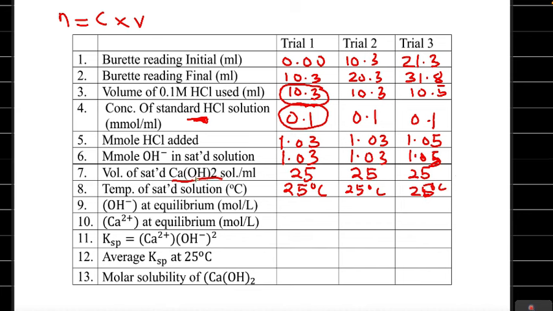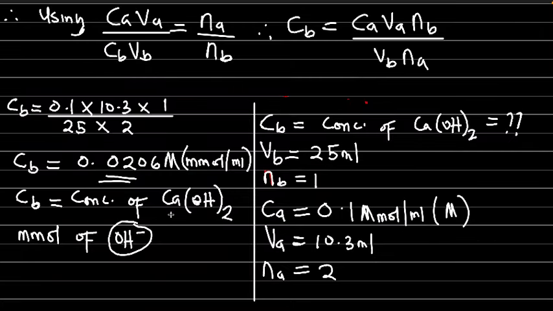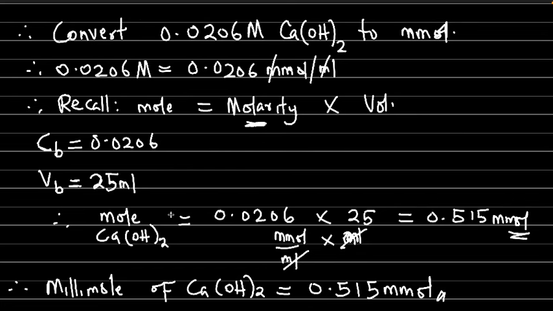Okay, now let's solve for the next one. Now OH at equilibrium. If you're being asked to solve for OH at equilibrium, this is the same thing as what we just did here.